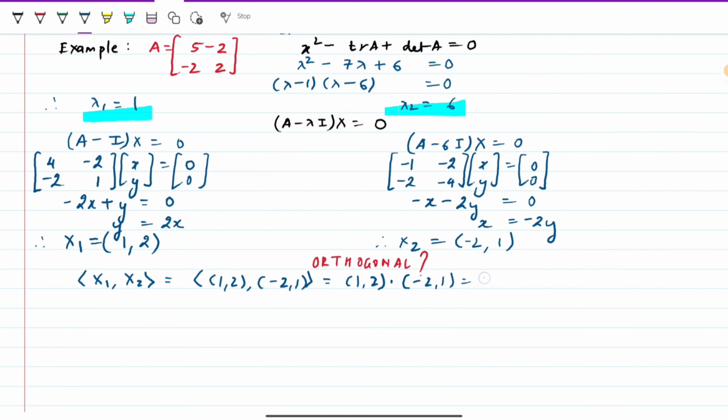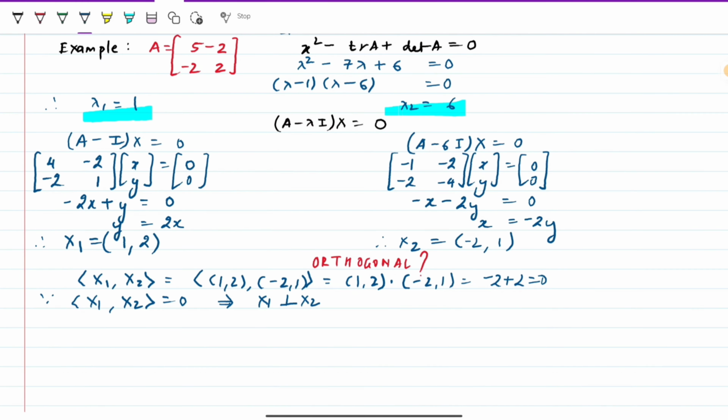So in this case, it is -2 plus 2, which is 0. So thus, the inner product of x1 with x2 is 0, and this implies that the two vectors are orthogonal to each other. And since the eigenvectors are orthogonal, we could eventually end up saying that the matrix A is orthogonally diagonalizable.